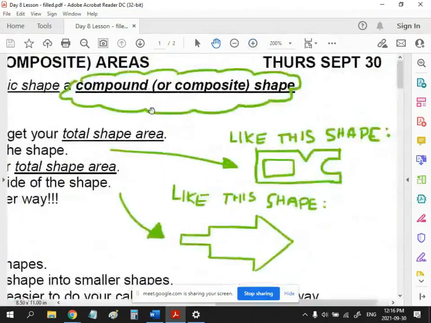This is an example of subtraction. This is an example of addition. Go ahead. Because if you end up adding instead of subtracting, you're going to give me a bigger number than I need. And if you end up subtracting instead of adding, you'll give me a smaller number than I need.